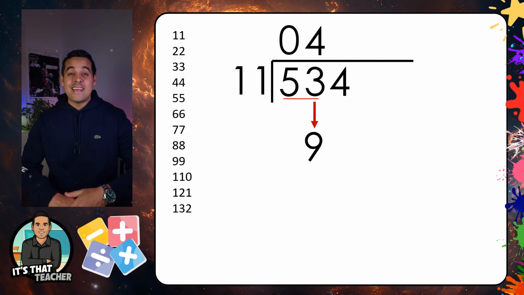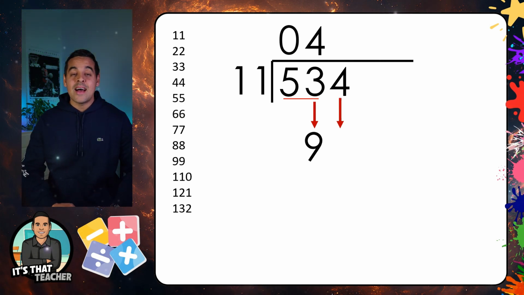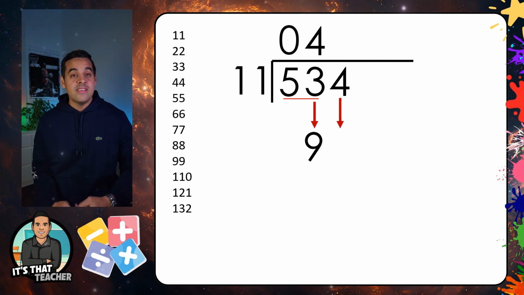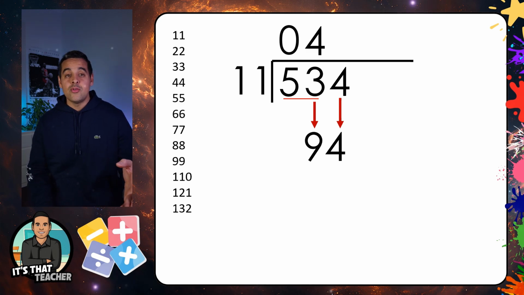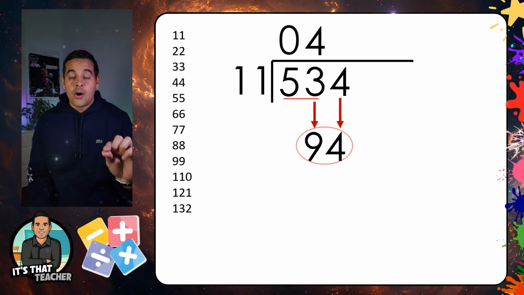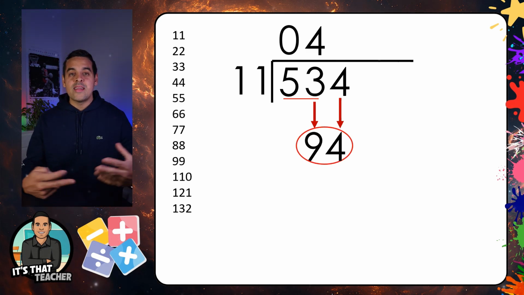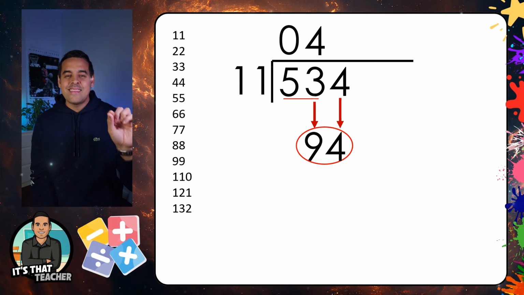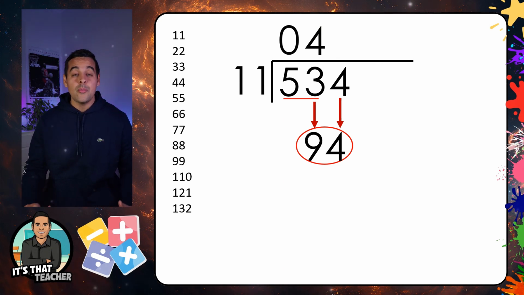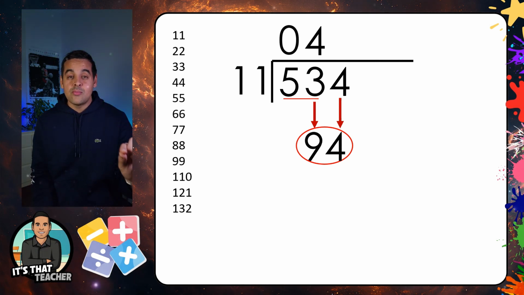Now, you do exactly the same process, bring down the next number that you would be dividing. So in this case, it's the 4 in the ones column. Bring it down next to that 9, creating a new number, 94. Now this is why writing the multiples down the side is helpful, because the numbers are going to get larger, which means they're going to get more challenging. So how many 11s can fit evenly into 94?